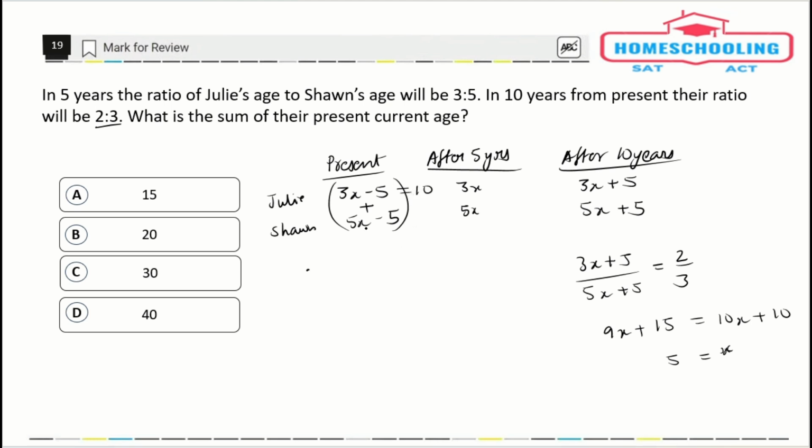And this one is 25 minus 5, which is 20. So the sum of their present ages is 10 plus 20, that is 30 years. So this is your answer, 30 years, option C. So this is the end of part 1 of ratio and proportion.